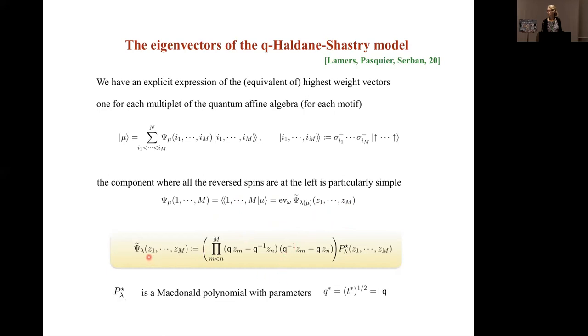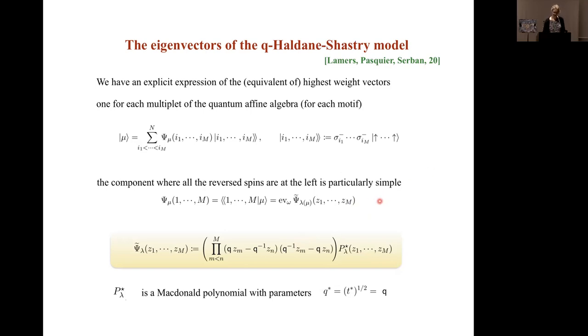The expression that we got contains the Macdonald polynomial for some particular parameters of Q and T, which is the equivalent of the Jack polynomials at beta equals 2. And then we get this symmetrized Q Vandermonde factor, which, well, this part we were expecting, but it was not clear how to get.